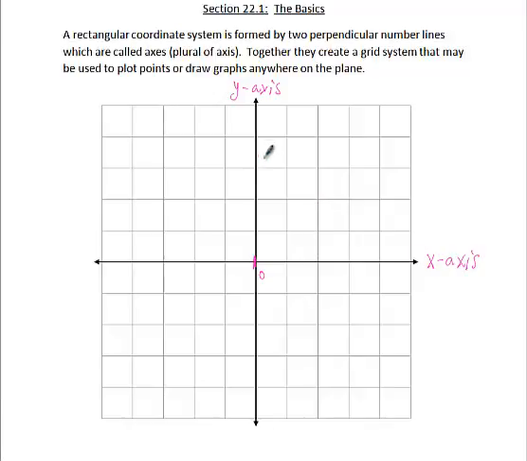So which side, top or bottom, are the positive numbers for the y-axis number line? Well, the top is, which is kind of intuitive. So if one square represents 1 unit, up or down, then this first mark on the y-axis would be 1, the second one would be 2, 3.